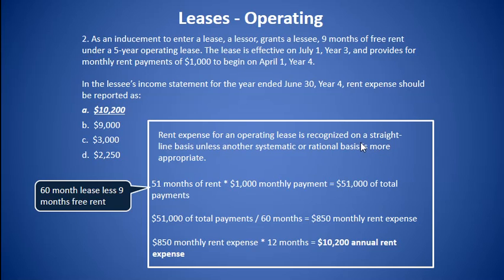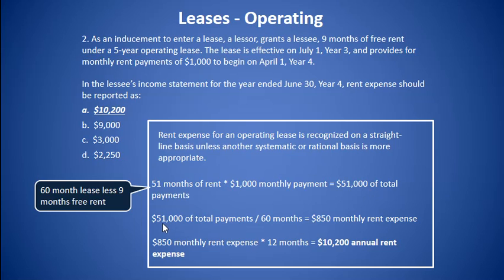Now here's how we do the calculation. First of all, this is a 5-year lease, meaning that it is actually a 60-month lease. And we're going to pay rent for actually 51 months, which is 60 months less 9 months worth of free rent. So we're going to take 51 months of rent times $1,000. That means the total rental contract is going to be for $51,000.